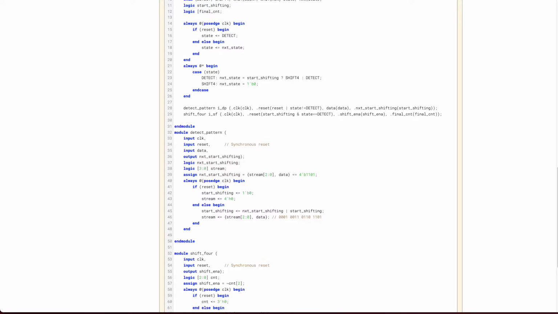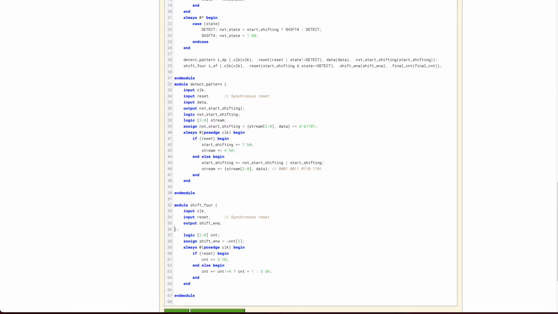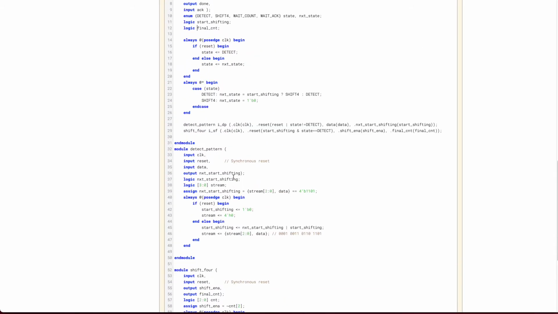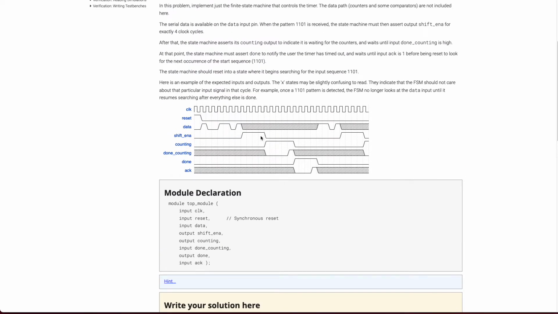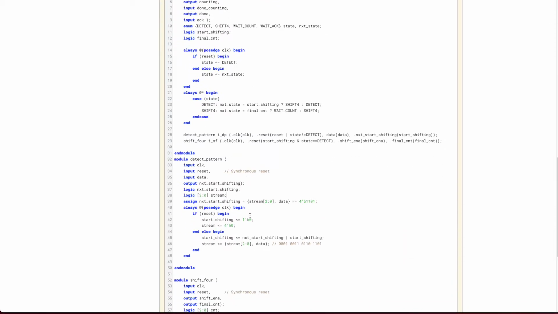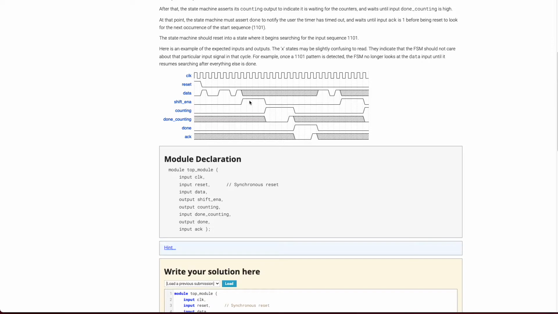Final count is just going to be a 3-bit counter, and actually I just want final count to be a 1-bit thing, such that I can say if final count, namely this specific cycle, then I want to do wait for count, otherwise stay in shift 4, whereby final count is just going to be if... so 0, 1, 2, 3.